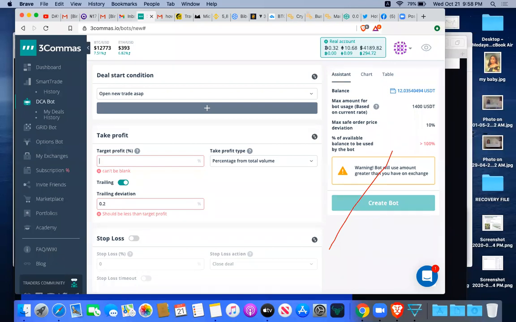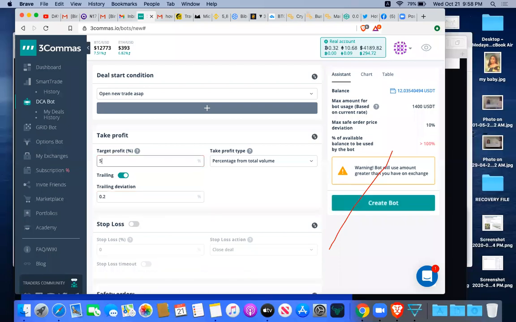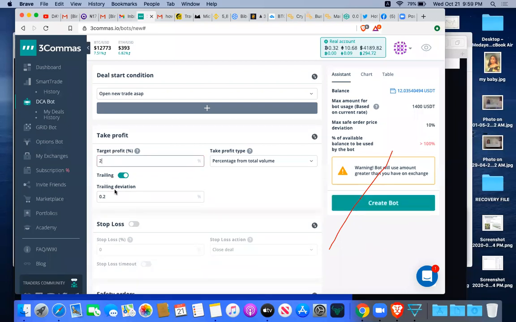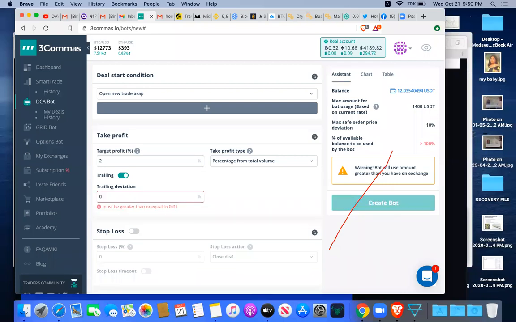But with a swing, sometimes you can say 5%. As the market has moved up 5%, it sells. But if I say 1% or 2%, and I use trailing. So, okay, what's trailing? Trailing means I can say 1% and then 0.5%.